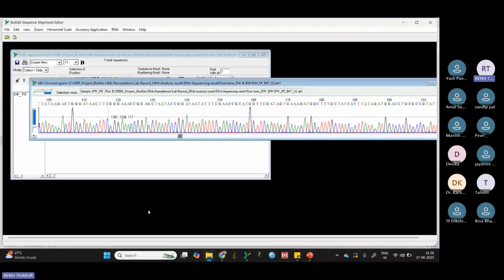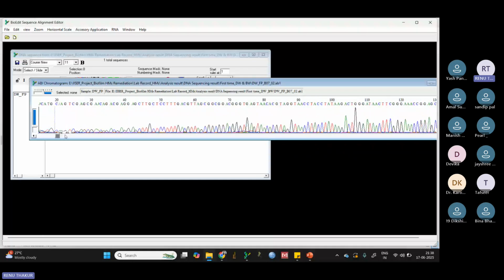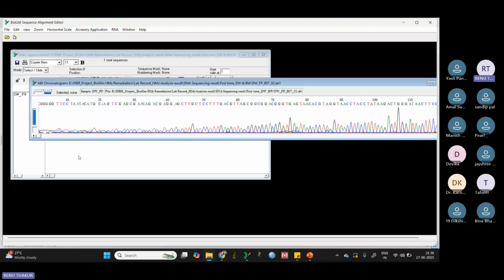If you are getting some noise, like here, this is not a problem, because whenever you do PCR for sequencing, the primer binds to your template. Up to some stretch, let's say 19 base pairs, you will have some noise, and after that you will get sharp peaks.